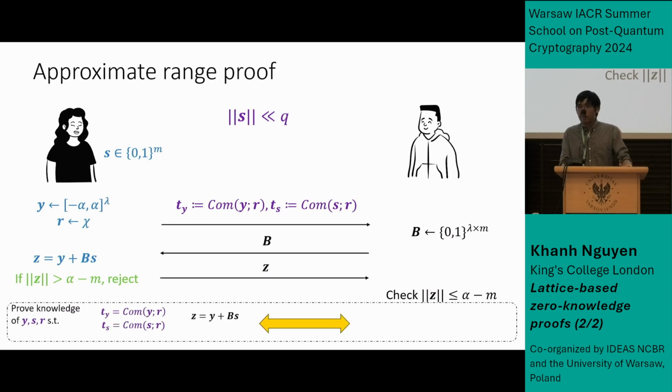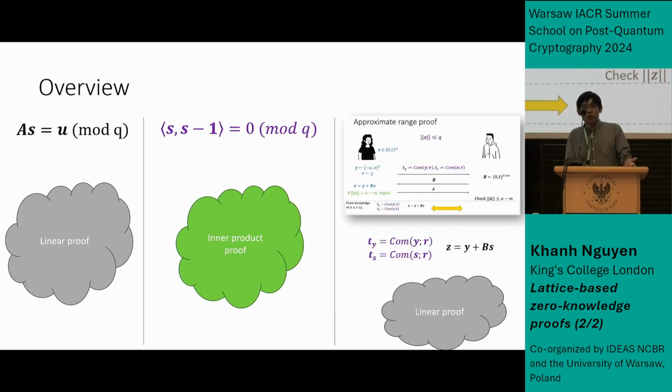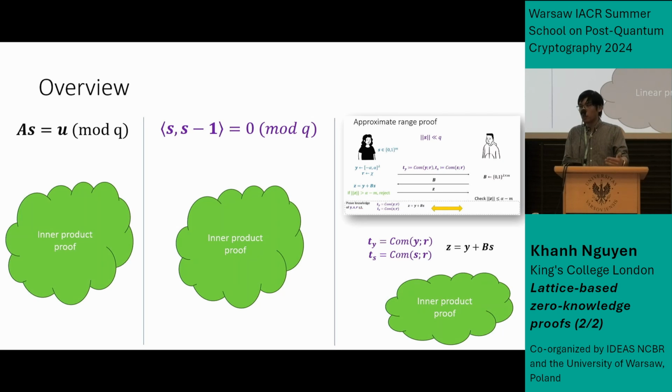The verifier sends B. I output z, which is y plus Bs. We make sure that the norm of z is short. And then later on, I delegate the proof to proving knowledge of y, s, and R, which satisfy all the commitment relations, and z equal to y plus Bs. So at the end of the day, I reduce proving the approximate range proof to proving knowledge of a commitment opening together with a linear proof.